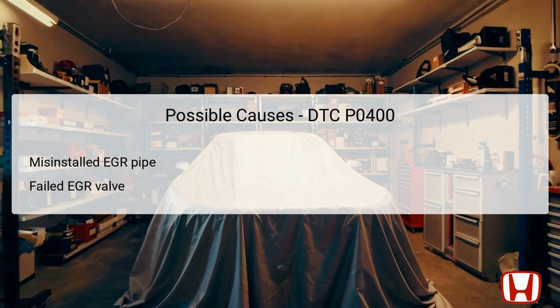Another cause is the failure of the EGR valve itself. This component may become stuck or damaged over time, disrupting the proper flow of exhaust gases. Such failures can often lead to decreased engine performance and increased emissions. Understanding these causes allows for targeted troubleshooting and repair measures to restore the EGR system's functionality.